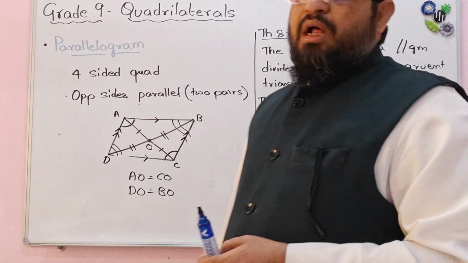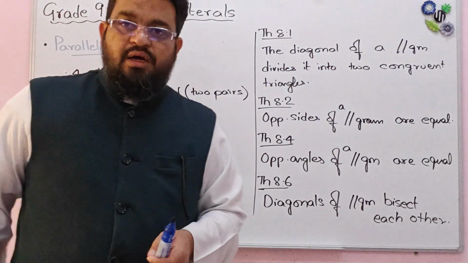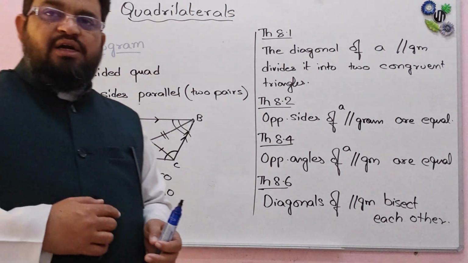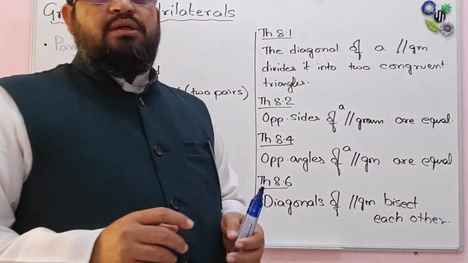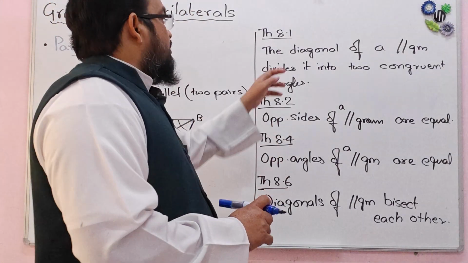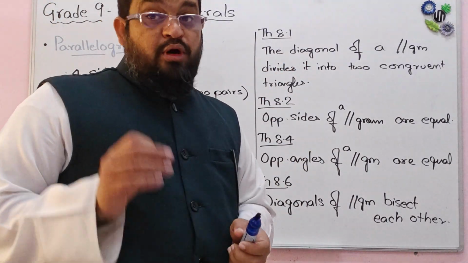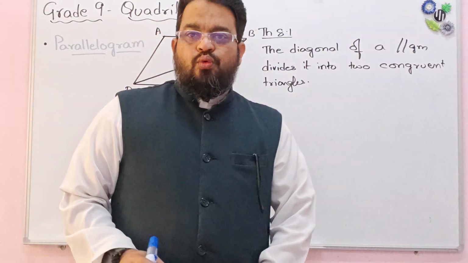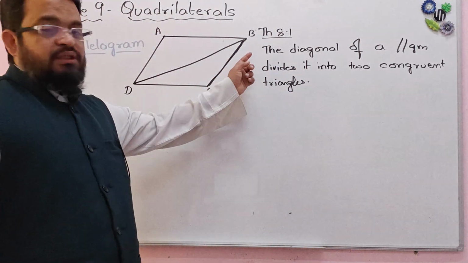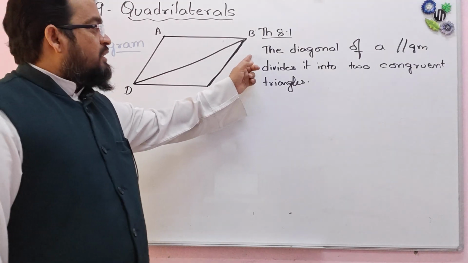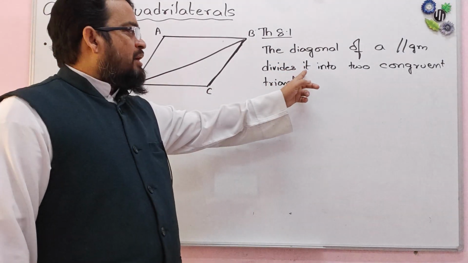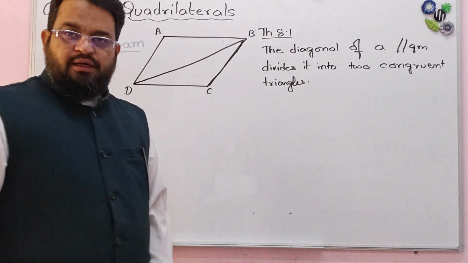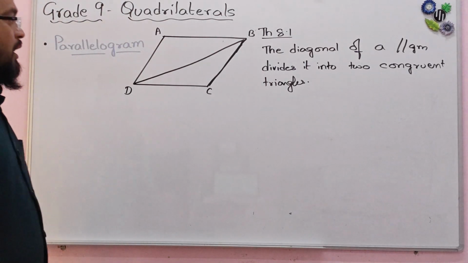Okay, now please write it down, and let me explain the proof of theorem 8.1, a very important theorem. Now what is theorem 8.1? Theorem 8.1 states that the diagonal of a parallelogram divides it into two congruent triangles. Let us see.